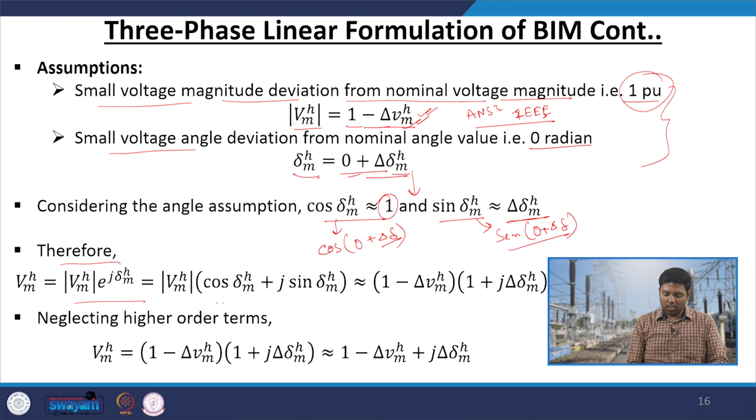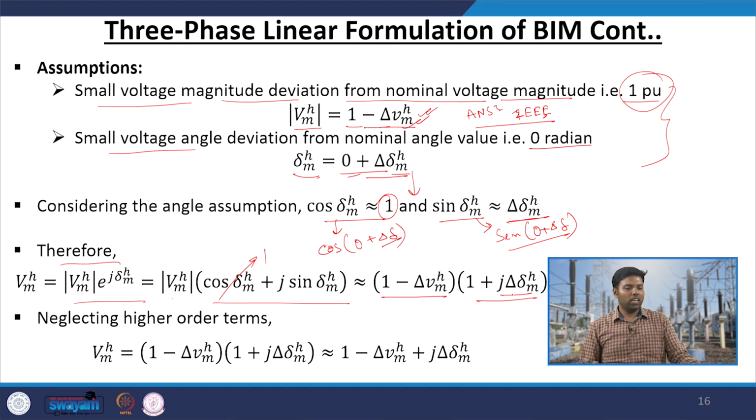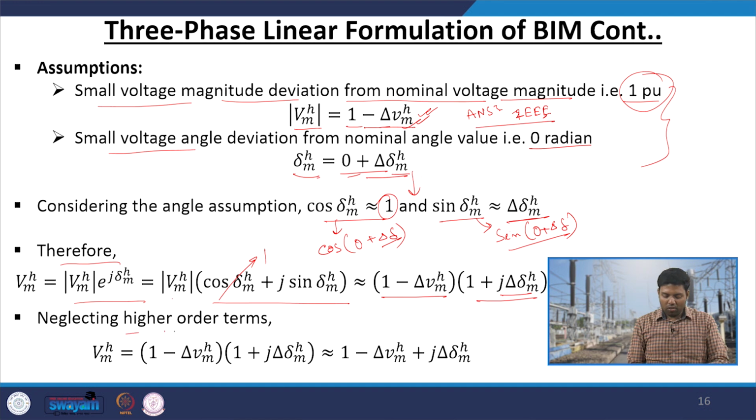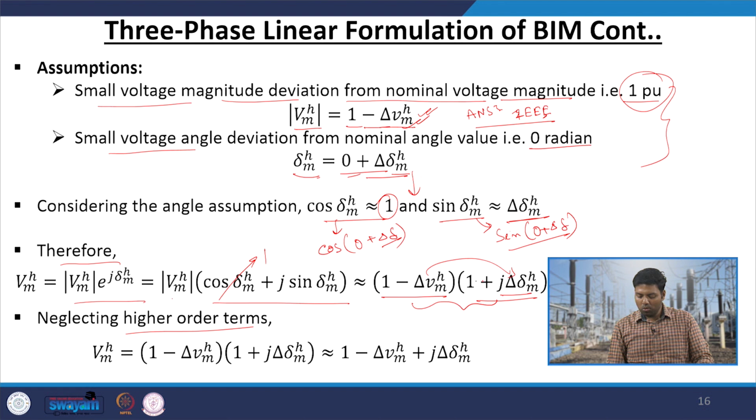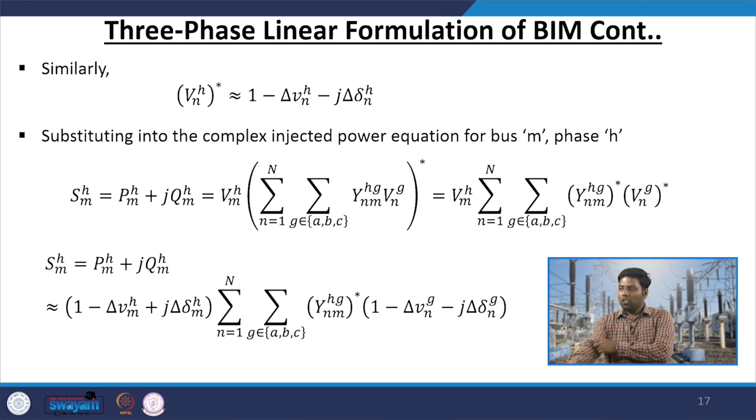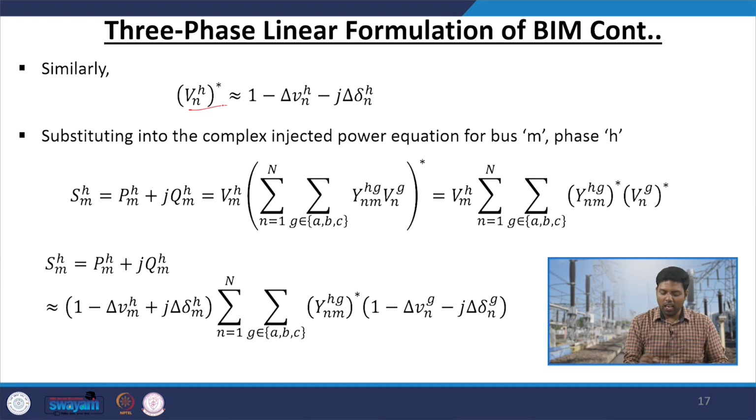Now, we put this in these equations of the voltage and we will see that Vmh is 1 minus del Vmh and the cos term will become 1, so 1 plus j del delta. Now, doing the multiplication and neglecting the multiplication of 2 higher order terms, we come to this simplified version. Similarly, for bus number n as well, we will get the same expression.